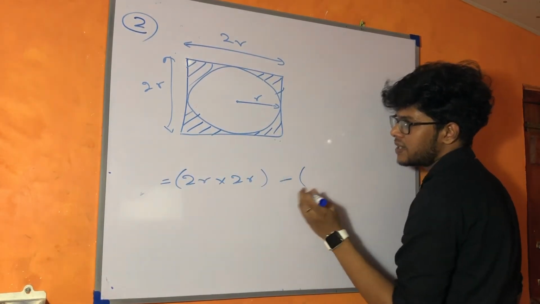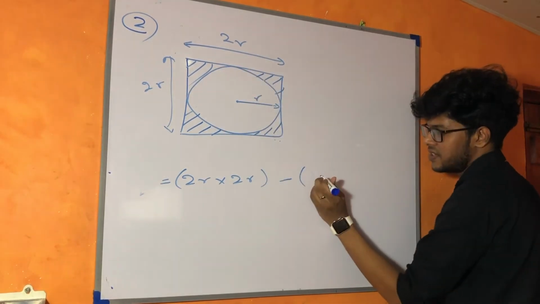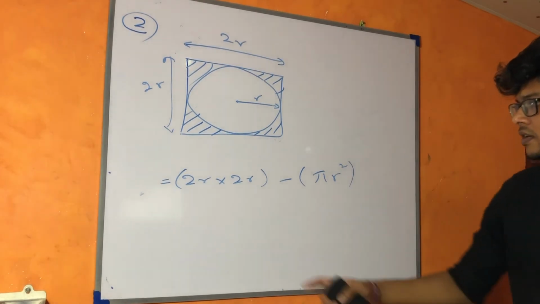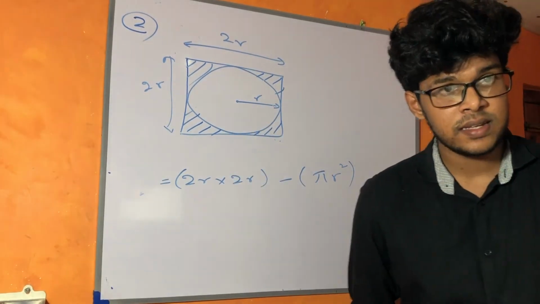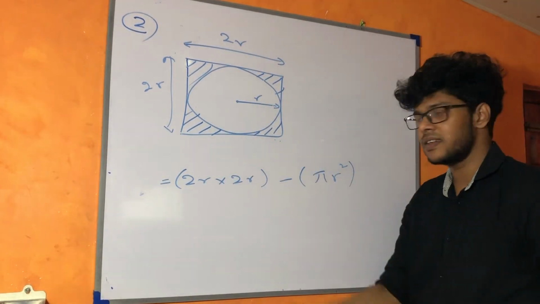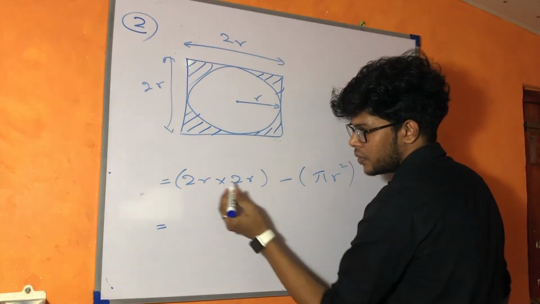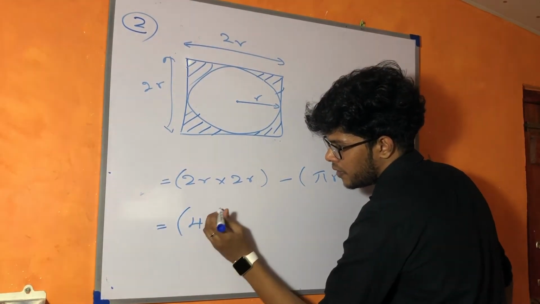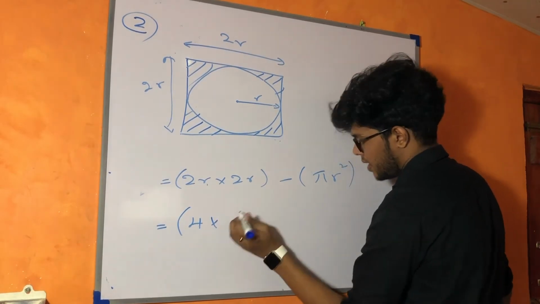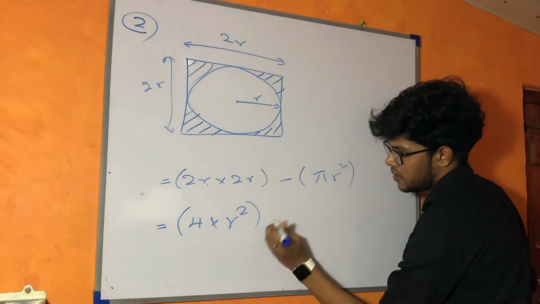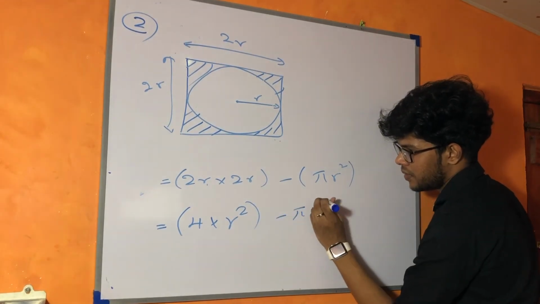And you will deduct this area, which is pi r squared, right? Now you know the radius is 7 centimeters, so instead of r, you can write 7. So 2 into 2 is 4, 4 into r squared, minus pi r squared, okay?